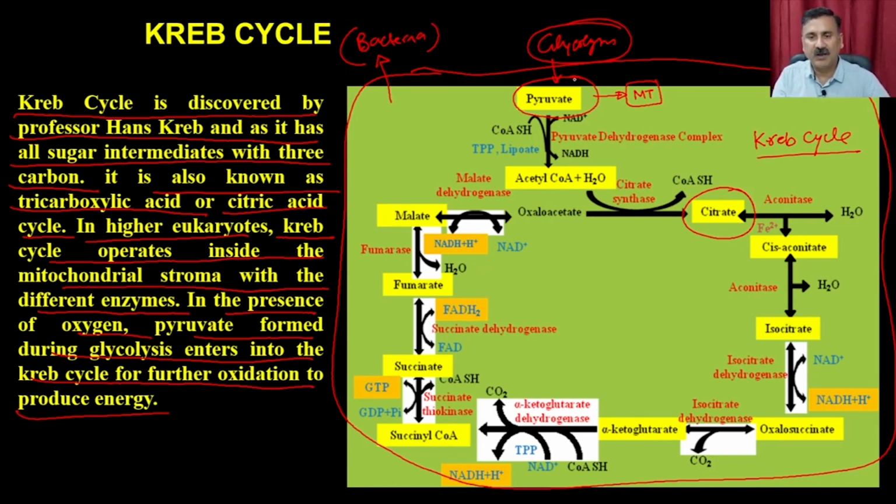First, the pyruvate that is produced will enter into the mitochondria, and then it is going to be utilized by an enzyme called the pyruvate dehydrogenase complex. The pyruvate dehydrogenase complex is a multimeric enzyme complex, and it is going to catalyze multiple reactions, and that's how it will convert the pyruvate into acetyl CoA.